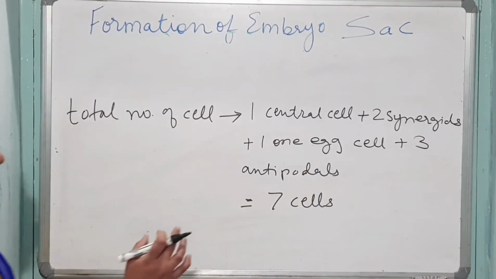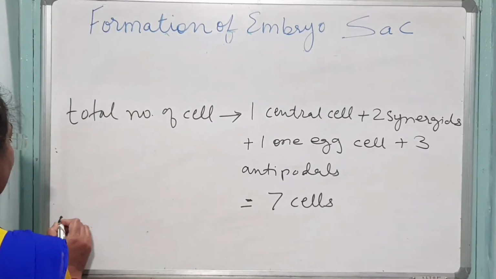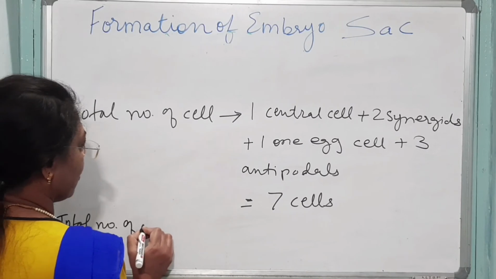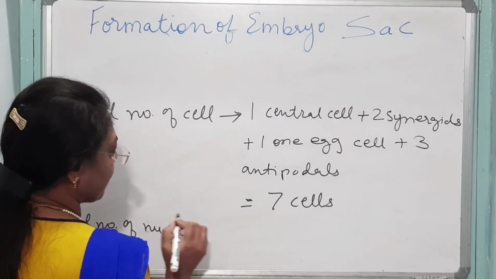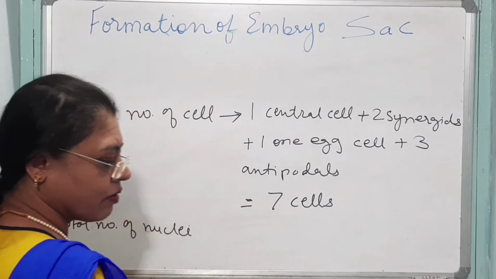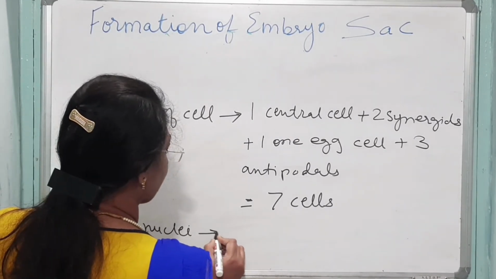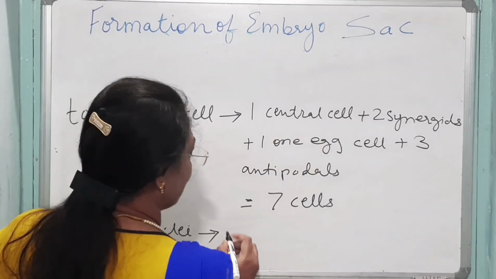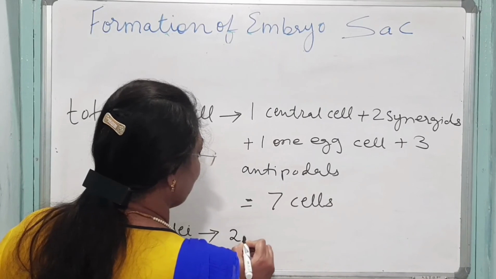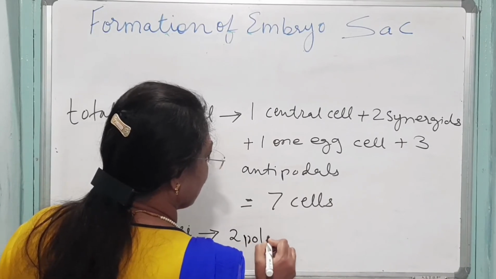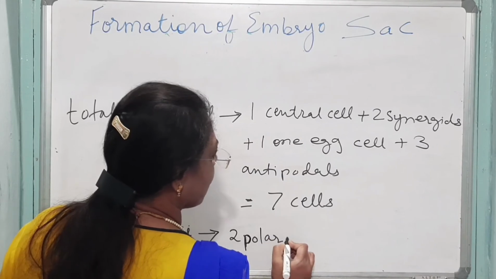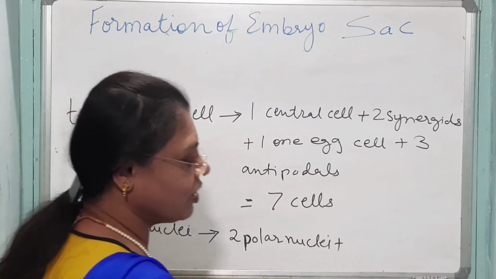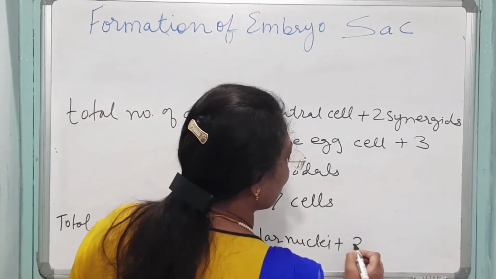We will see the total number of nuclei. In the central cell we have 2 polar nuclei. Then 2 synergids means we have 2 nuclei.